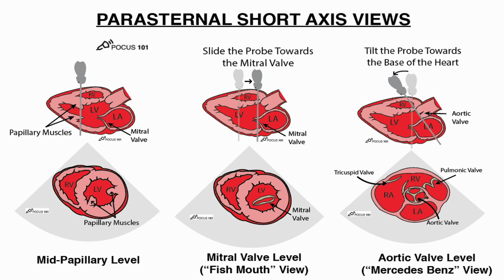And if you want to go from a mitral valve level to a papillary muscle level, you can either sweep slightly away from the sternum, or tilt that tail of the probe towards the head of the patient, which will direct the rays essentially down this way and give you this particular picture right down here.